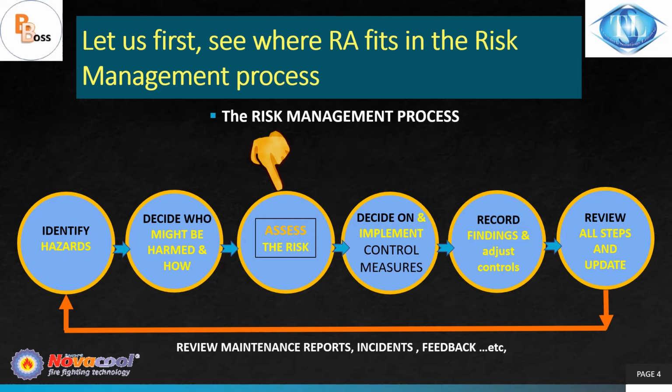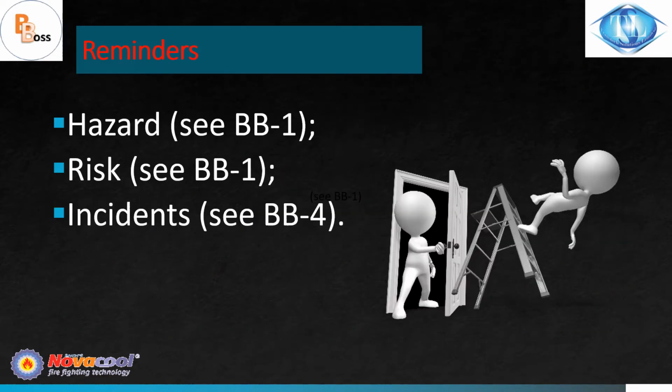And that is very logical because according to our risk assessment, we will decide the level of implementation of the control measures. If the risk is very low, maybe you don't need to do anything about it. So it is in the middle.